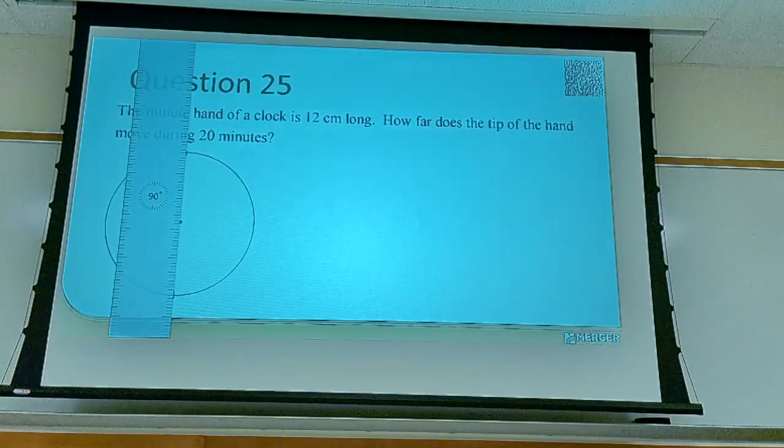What's 360 over 12? 30 there, right? So each of the minute symbols, the 12, 1, 2, 3, occur at multiples of 30 degrees.